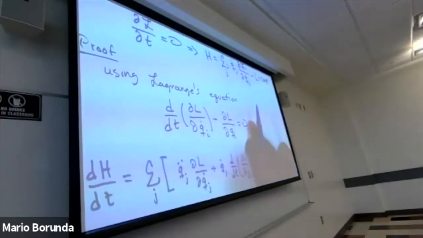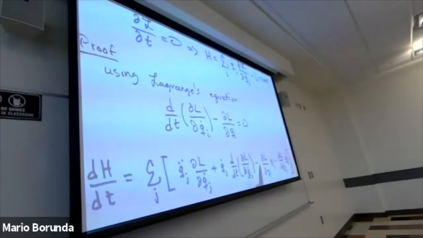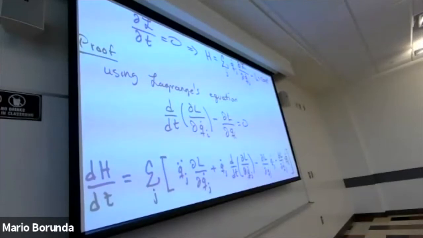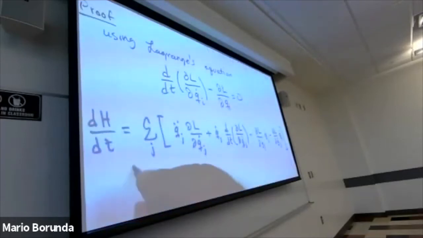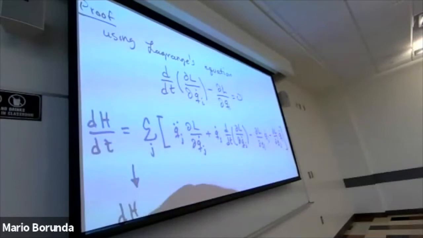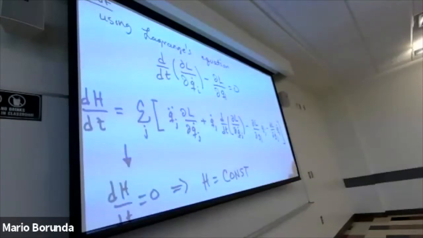If this holds, this whole thing is equal to 0. And your Hamiltonian is a constant.